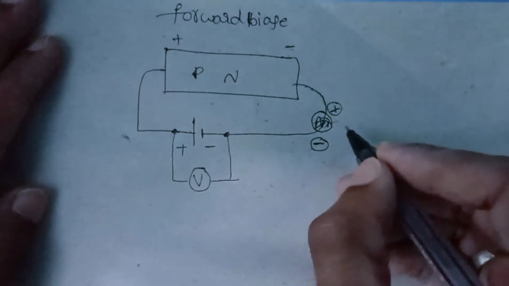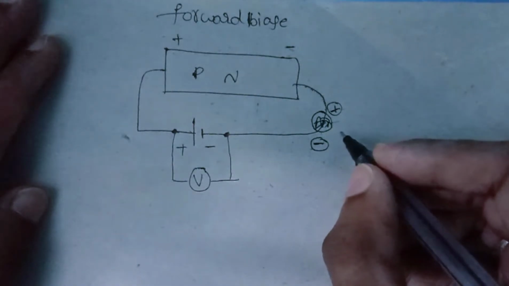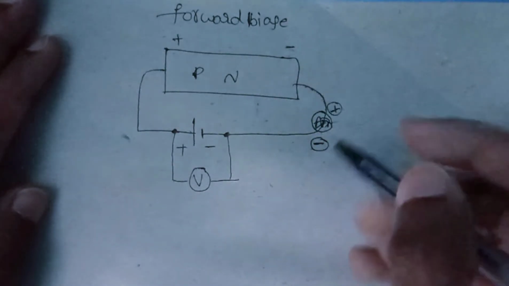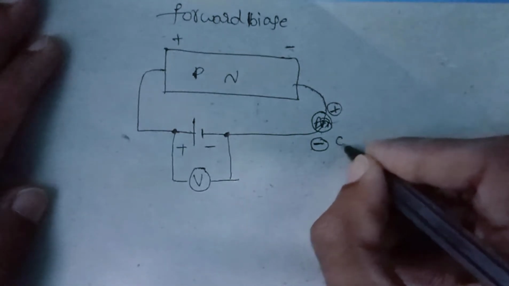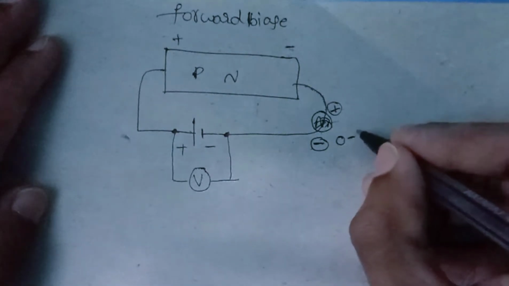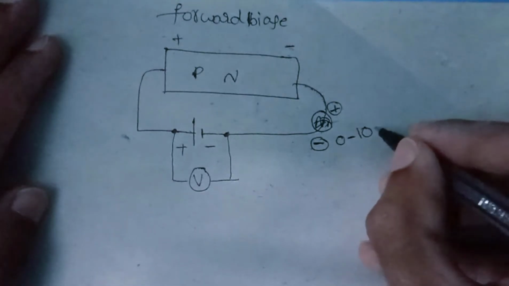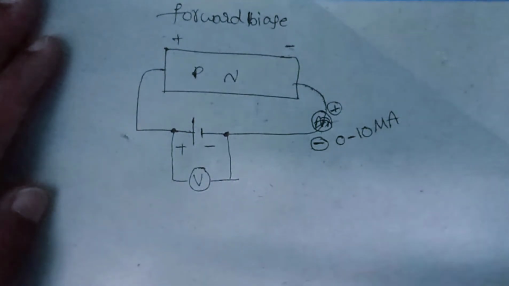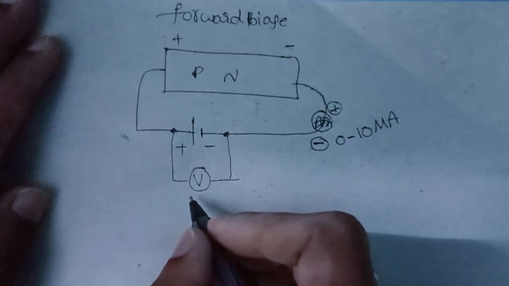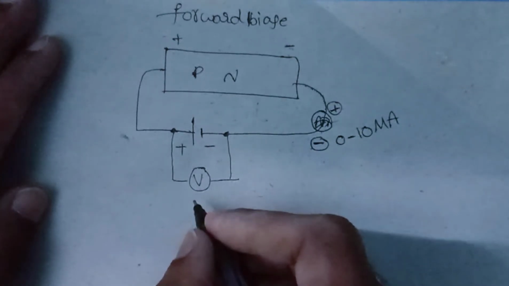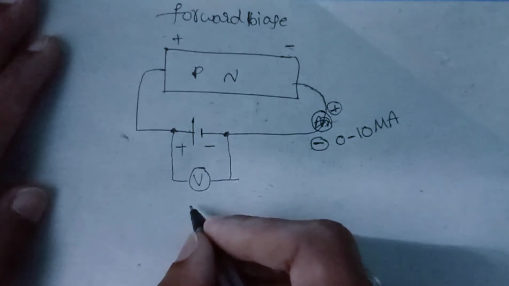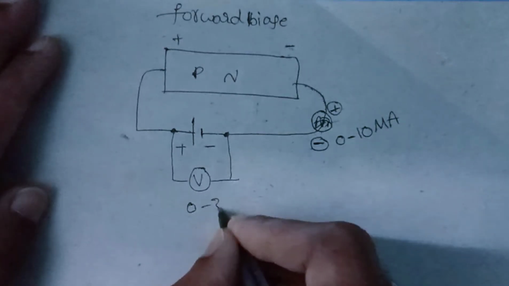Here more current will flow in forward bias, so we have to use ammeter which is having 0 to 10 milliamperes. For the voltmeter, we have to measure 0 to 3 volts.